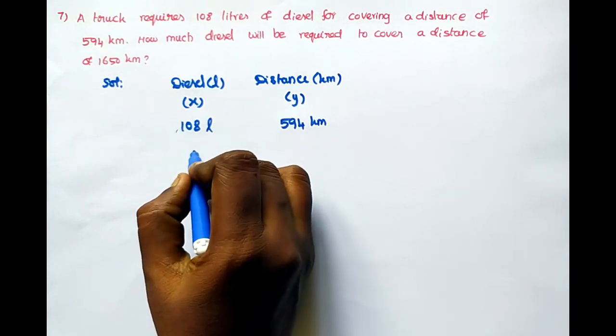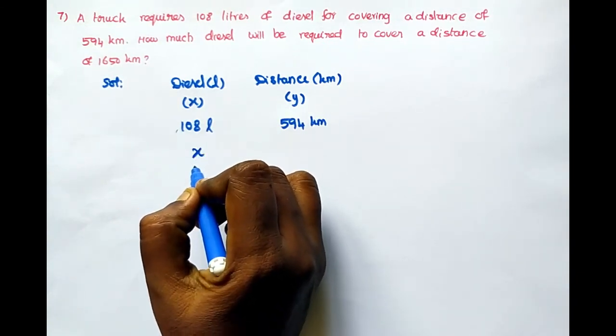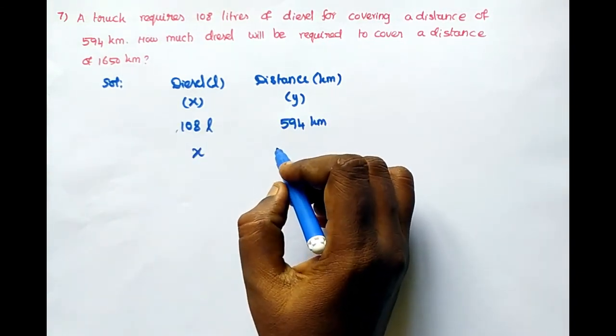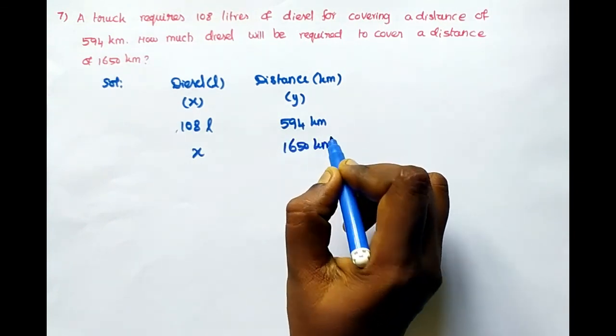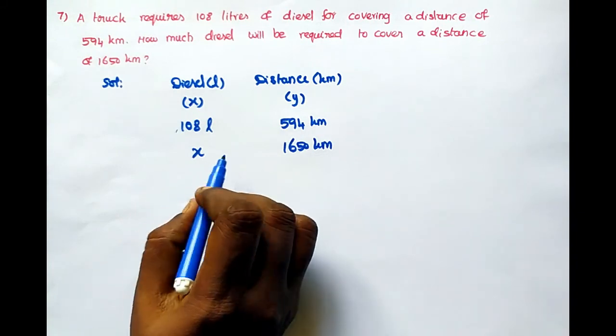That means how many liters of petrol will cover 1,650 kilometer? That is the question.